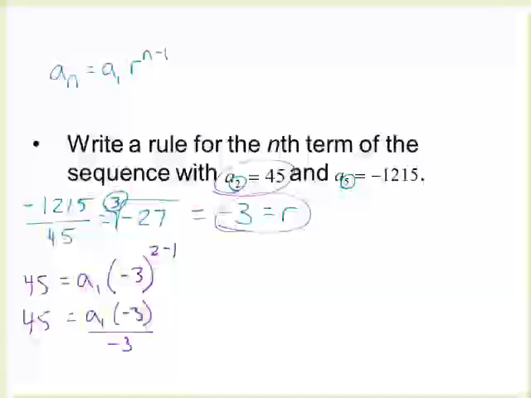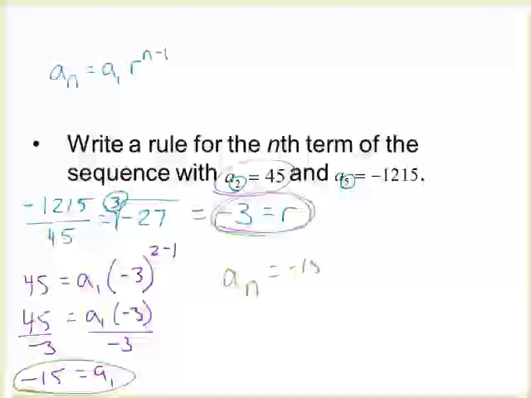And divide by the negative 3. That gives us negative 15 for our first term. So then we know first term and r, which are the 2 things that we need to be able to write our formula. So you get negative 15 times negative 3 to the n minus 1.